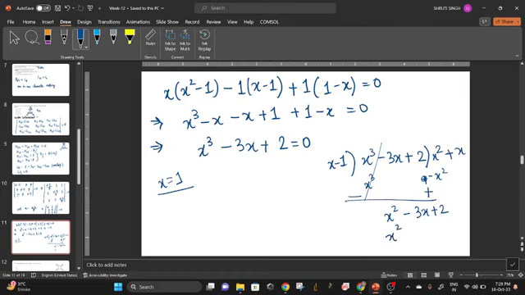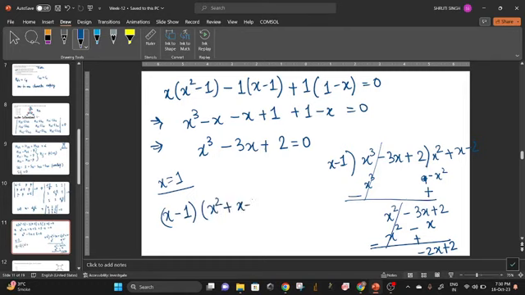So this will be x square minus x. So on dividing, this will go. This will be minus 2x plus 2, and minus 2 will satisfy this. So the two roots are like this, x square plus x minus 2 equals 0.